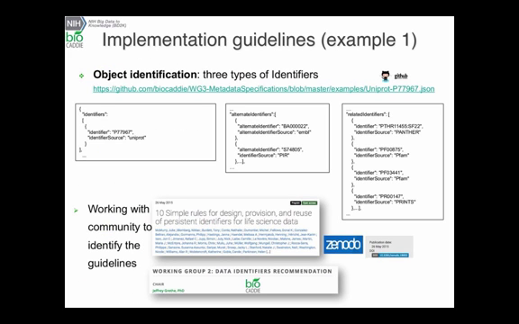So now, and this is really relevant for the workshop on June 23rd, we are working with the community in identifying different guidelines on how to implement that, and which are the different curation guidelines for the data repositories that might be interested in implementing that.